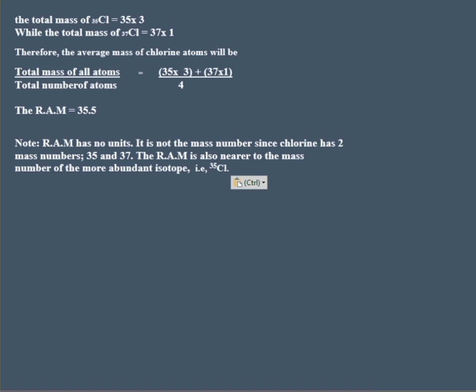Silicon with the atomic number 14 consists of 3 isotopes: silicon 28 that has an abundance of 92.2%, silicon 29 that has an abundance of 4.7%, and silicon 30 that has an abundance of 3.1%.